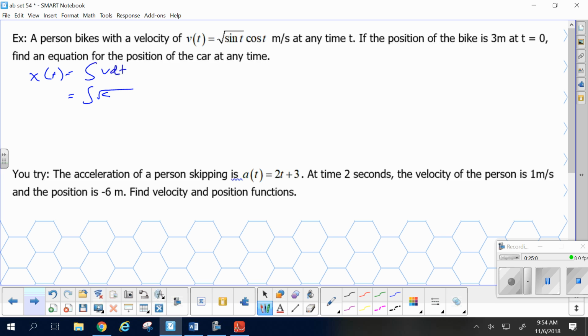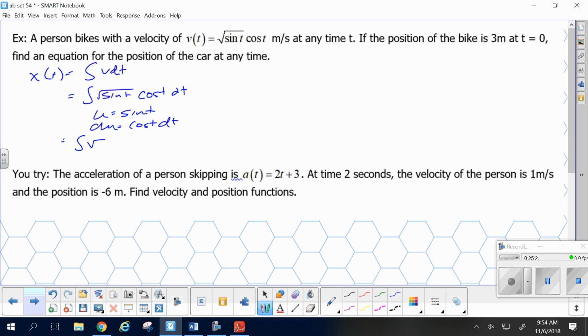So here I go. Root sine of t, cosine of t dt. How do I integrate that? U sub. Beautiful. U is sine of t. Du is cosine of t dt. I didn't need to do any tweaking.